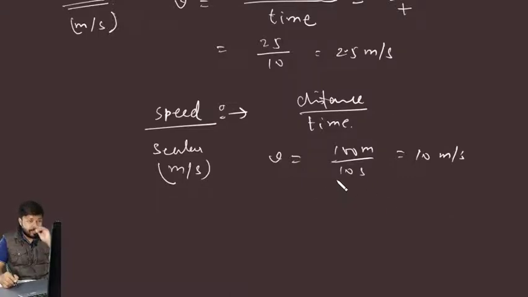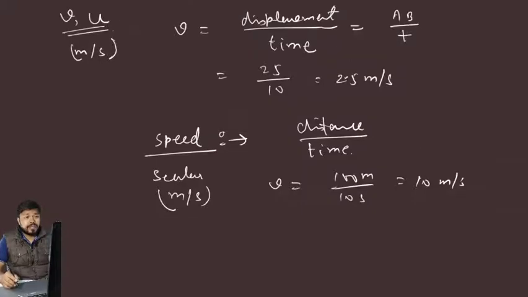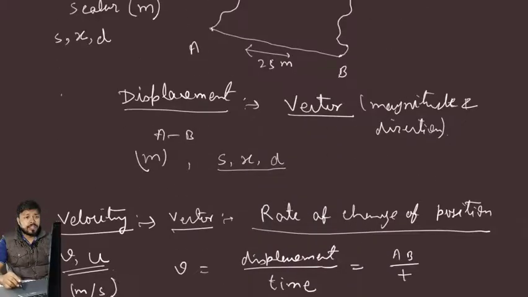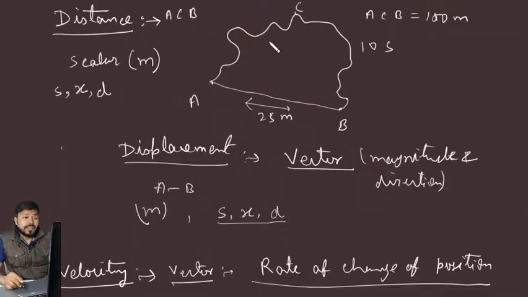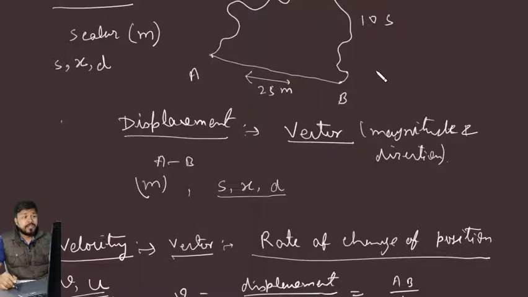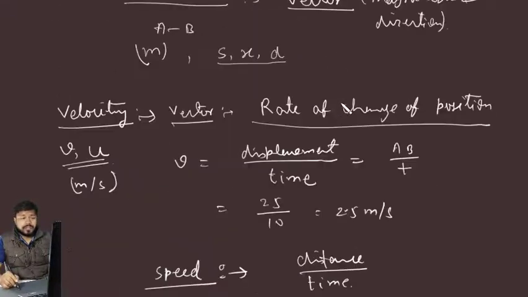So in this case, the particle went from A to B via C. The velocity of the particle we have found as 2.5 meters per second, whereas the speed we have found as 10 meters per second. So they are not the same.